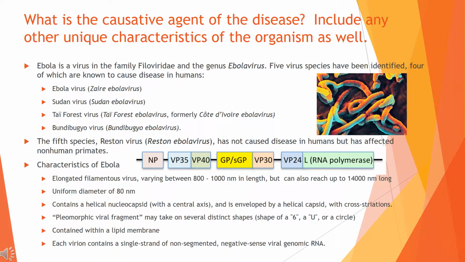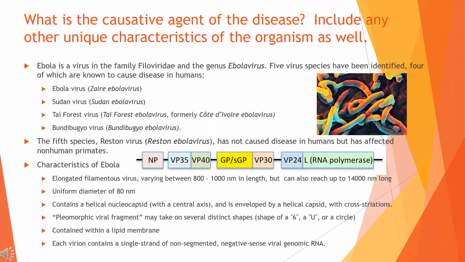Some of the characteristics of Ebola are that the virus is elongated and filamentous. It varies between 800 and 1,000 micrometers, but can reach up to 14,000 micrometers. The diameter is uniform and is usually about 80 micrometers.